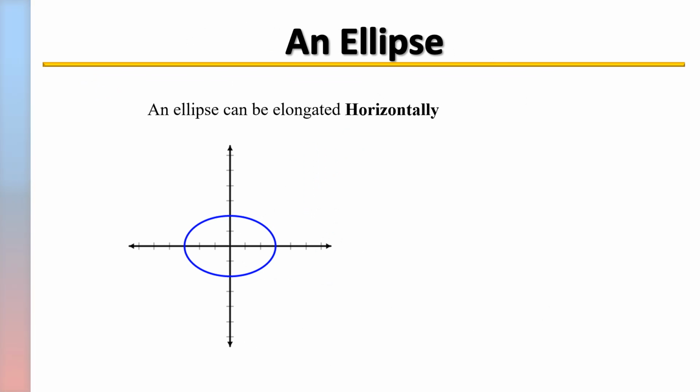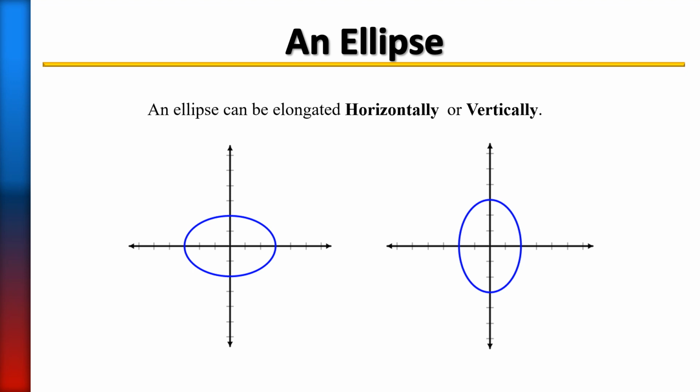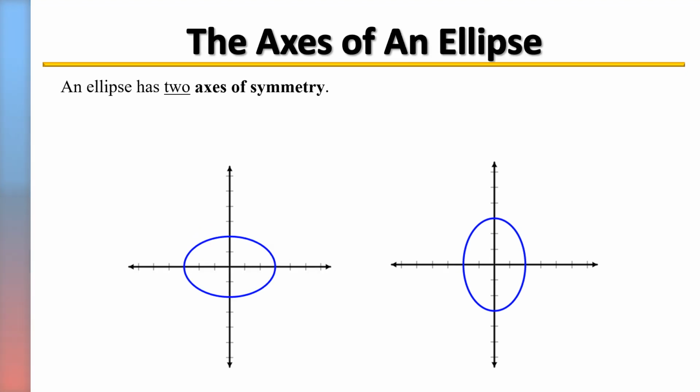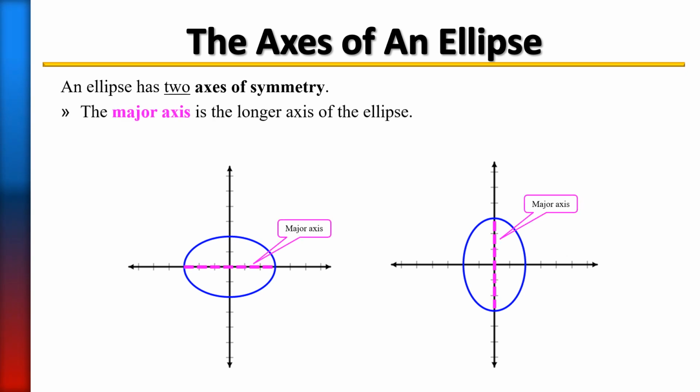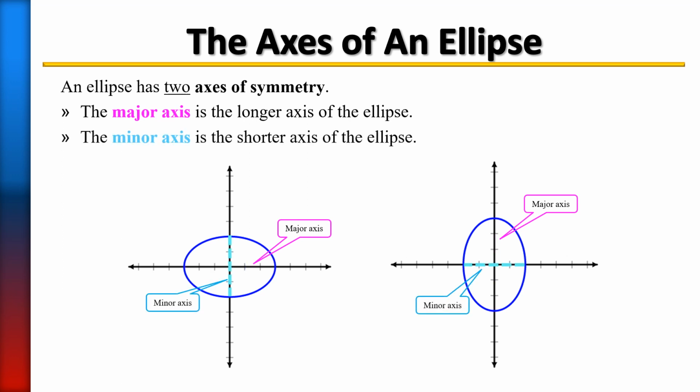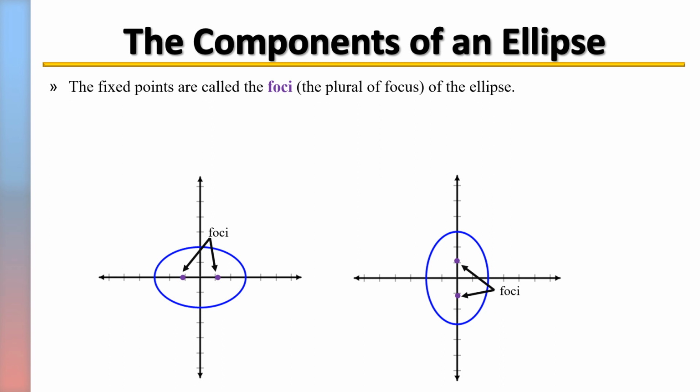An ellipse can be elongated horizontally or vertically. An ellipse has two axes of symmetry. The major axis is the longer axis of the ellipse, and the minor axis is the shorter axis of the ellipse. The fixed points are called the foci, the plural of focus, of the ellipse.